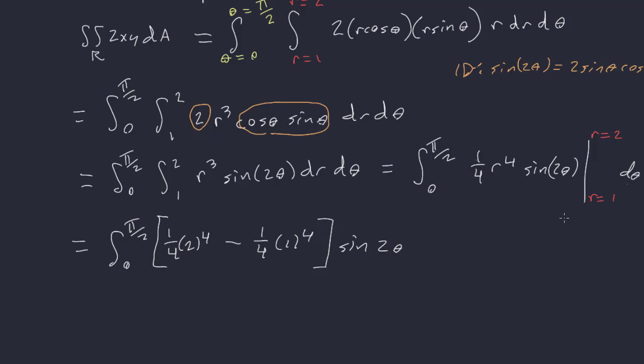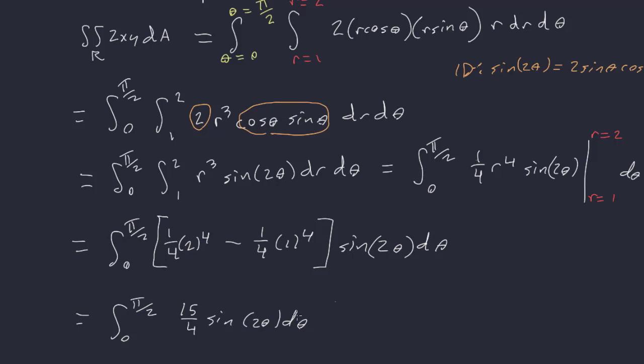I forgot to put my d theta out here. This will be 16 over 4 minus 1 over 4, so I'll just say that's 15/4 times sine of 2 theta d theta.